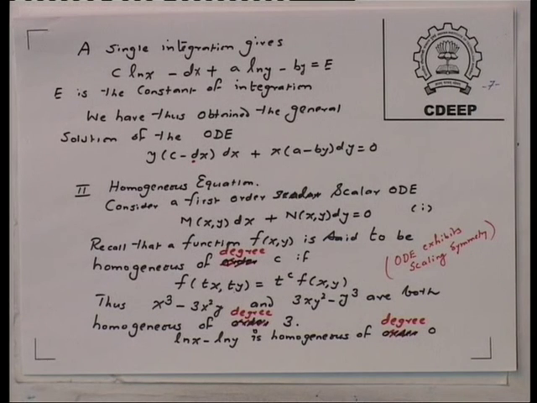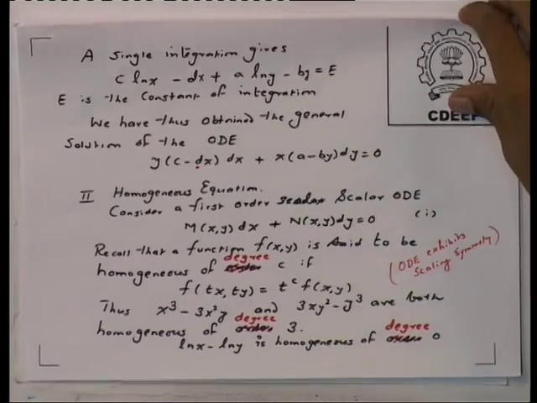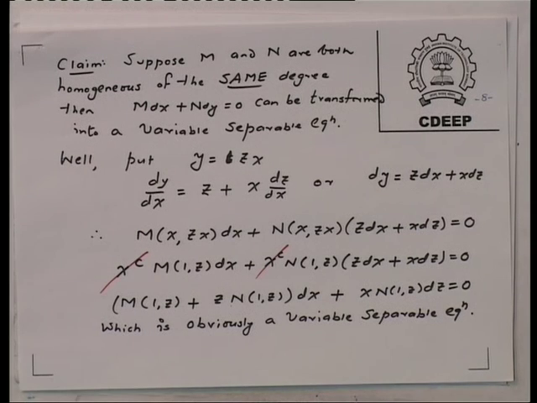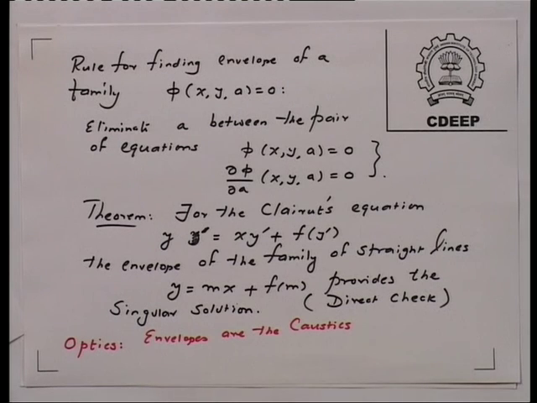Now let me write this as a formal rule. Rule for finding the envelope of a family. You take phi of x y a equal to 0, and eliminate a between the pair of equations phi of x y a equal to 0 and del phi by del a equal to 0, where you differentiate with respect to a, the parameter.